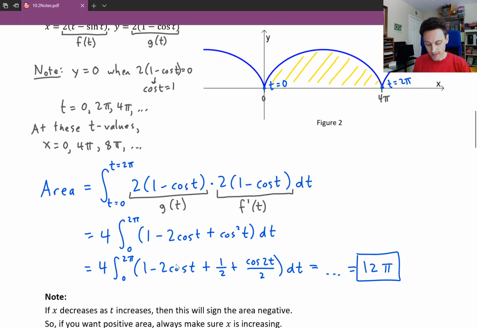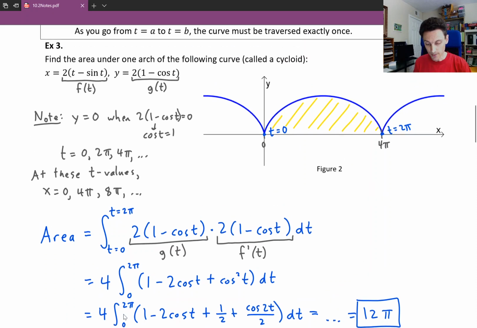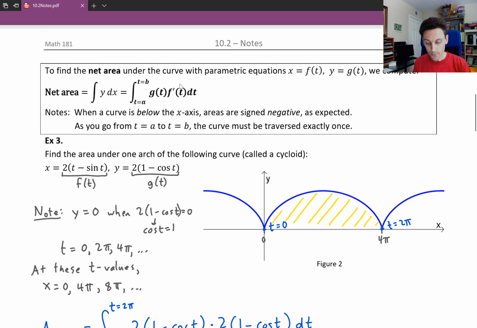The area under that curve is going to be signed negative. And the reason for that is if x is decreasing as t increases, then your f prime of t, which is basically the derivative of x with respect to t, will be signed negative, and that's going to make the whole integral turn negative.